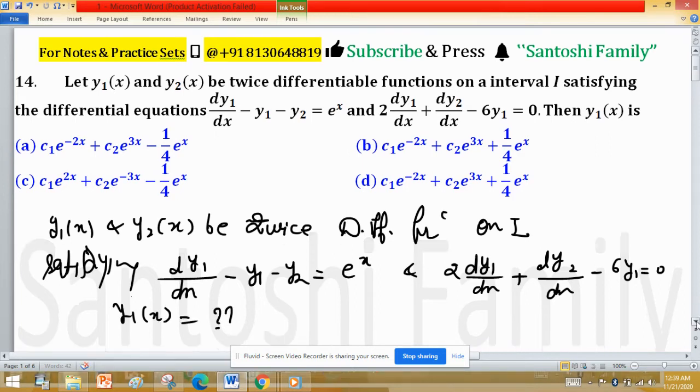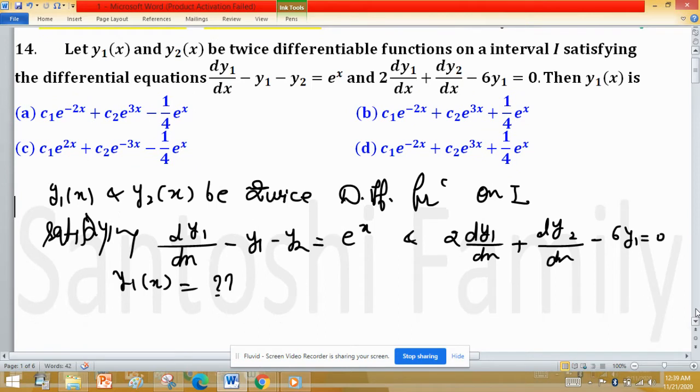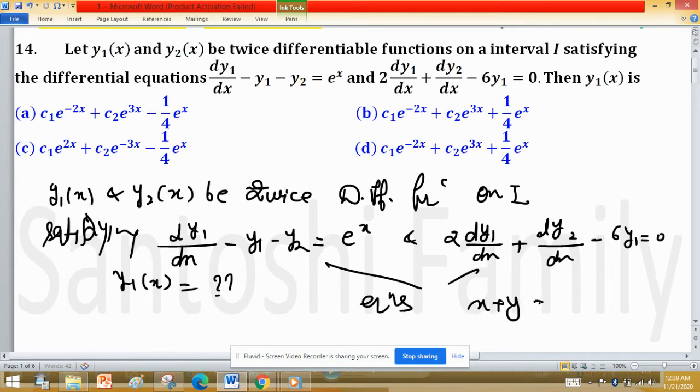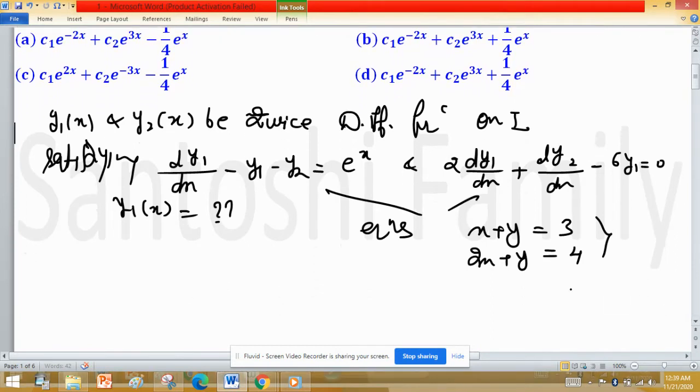Now, two differential equations, just understand these are two equations. Suppose these are two equations, x + y = 3 and 2x + y = 4. These are two linear equations, and we solve them by either the substitution method or the elimination method, the two effective methods we use frequently.